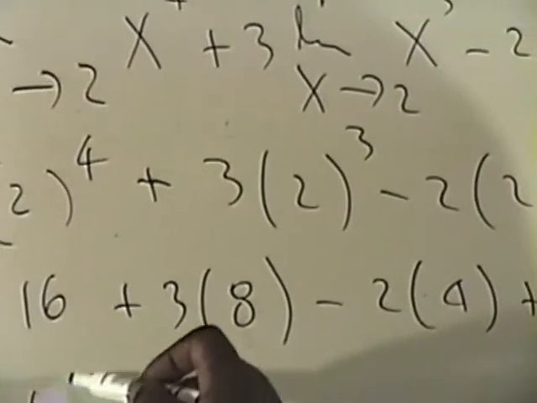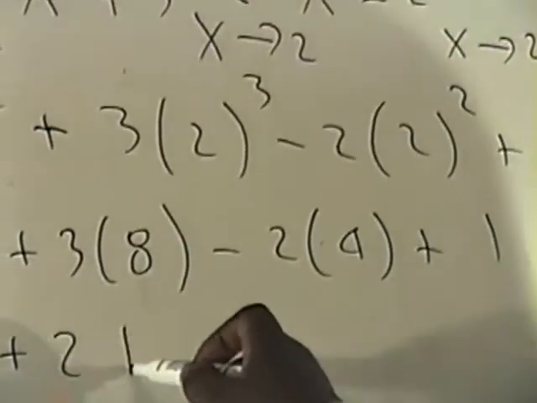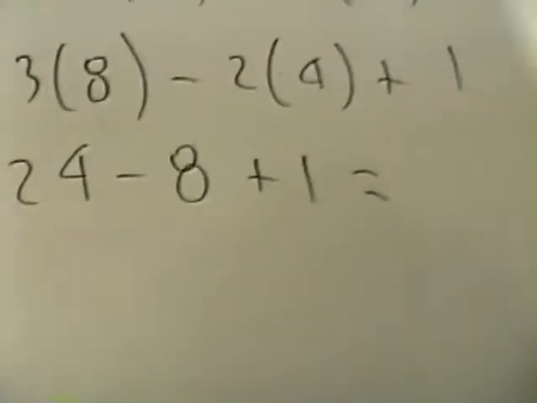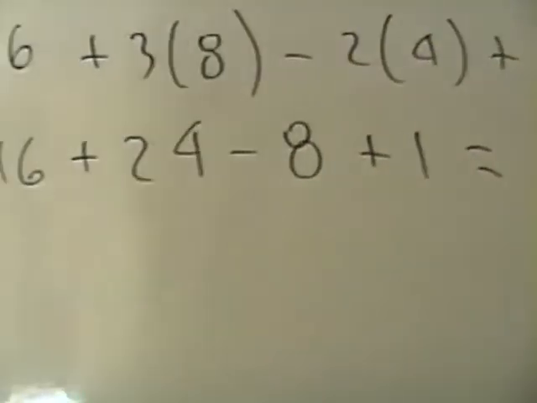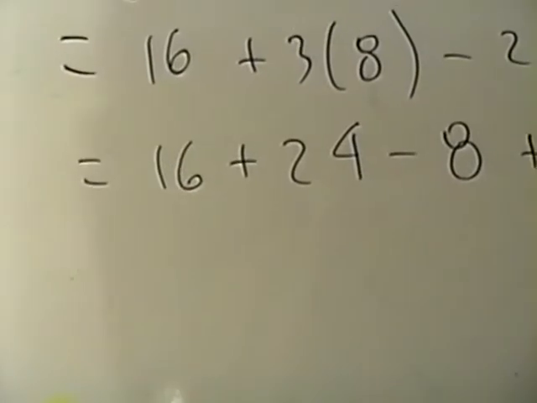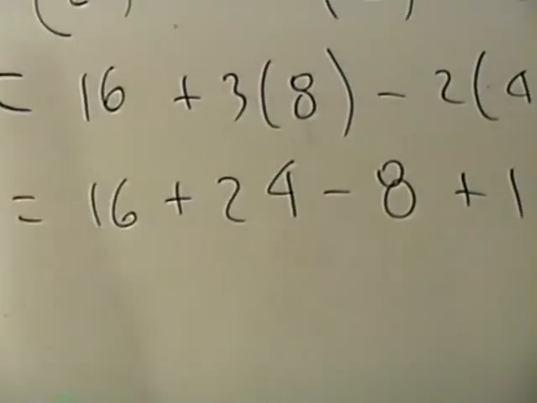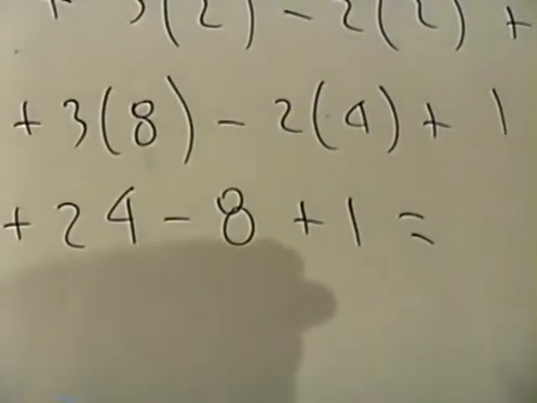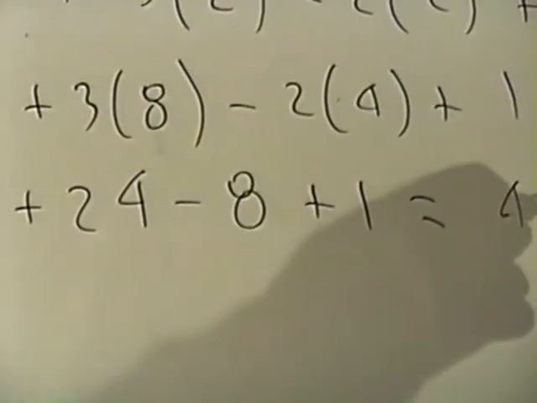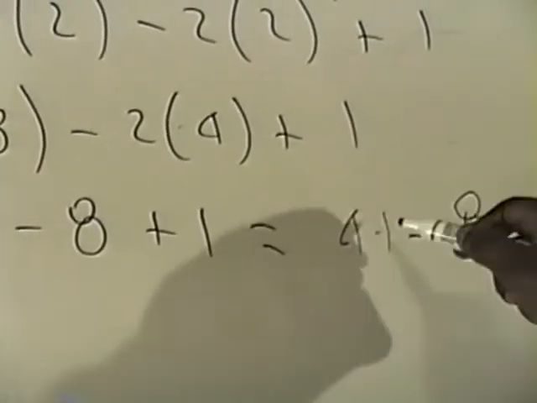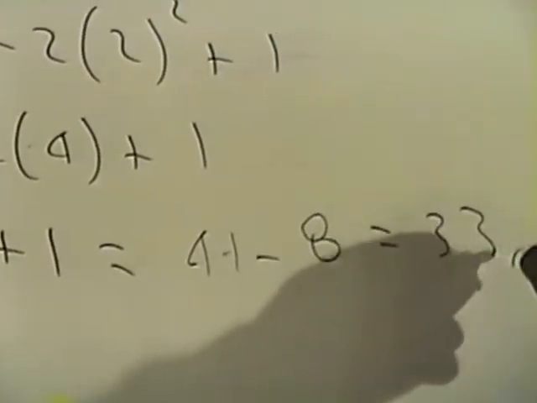This is equal to 16 plus 24 minus 8 plus 1. So this gives us 16 plus 24 is equal to 40, plus 1 is 41, minus 8 is equal to 33.